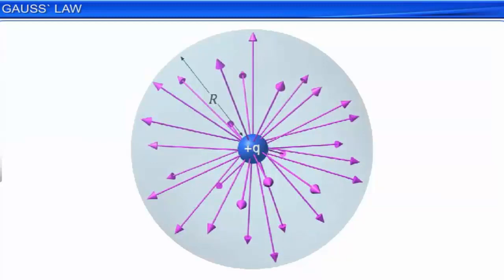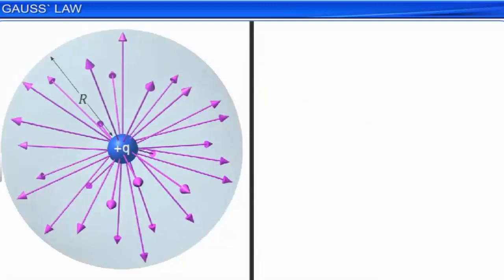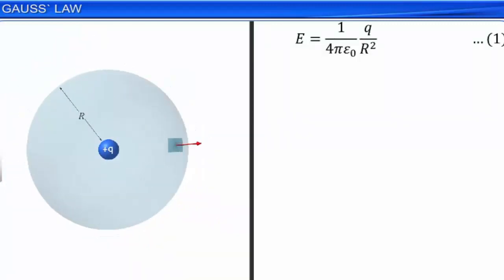The magnitude of the electric field E at a distance r from the point charge is equal to 1 by 4 pi epsilon naught Q by r square. Let this be equation 1. So we see that for all points on the sphere of radius r, the magnitude of the electric field strength is the same, and it is directed away from the charge plus Q in an outwardly normal direction at each point.